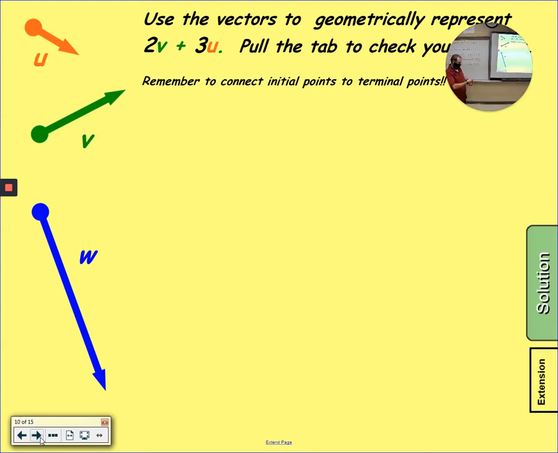Okay. Alexis Thompson, come on down. Alexis, I would like for you to show us 2V plus 3U. So start by pulling down a V. Okay. Get another one and put it head to tail with the first one. Yep. And then 3U.